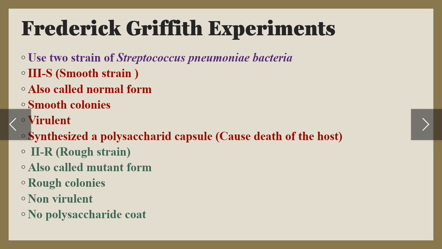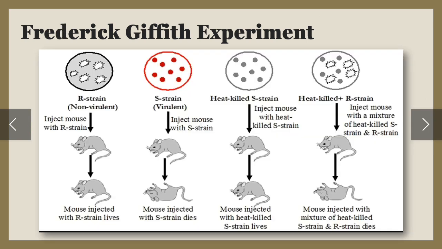Frederick Griffith's experiment used two strains of Streptococcus pneumoniae: the smooth strain, also called the normal form, with smooth colonies, virulent, which synthesized a polysaccharide capsule that caused death of the host; and the rough strain, also called the mutant form, with rough colonies, non-virulent, no polysaccharide coat present.